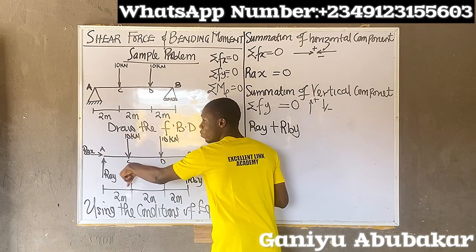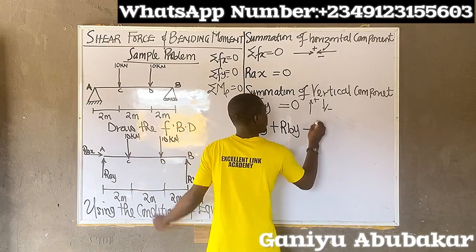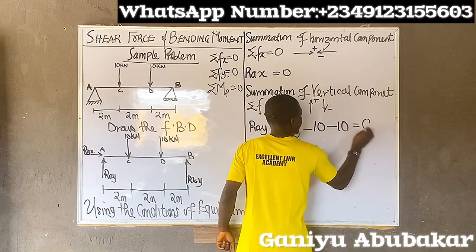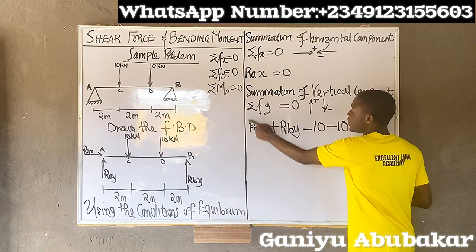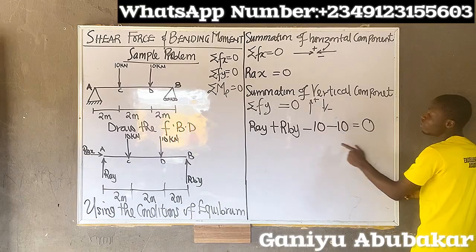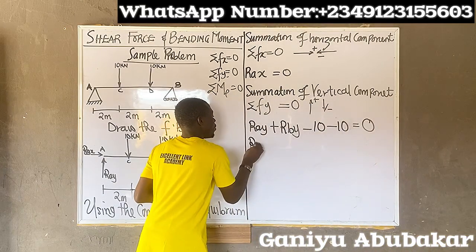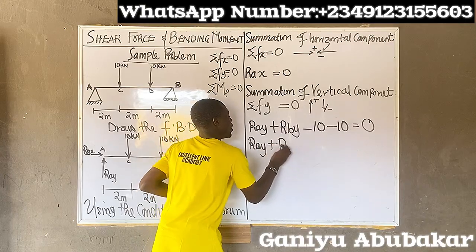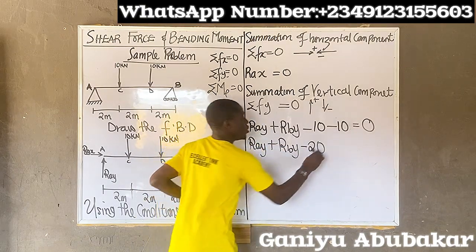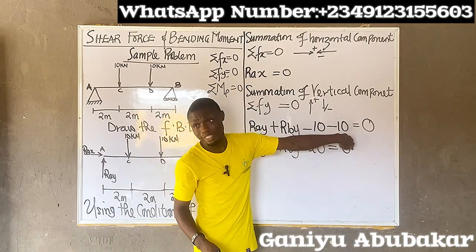Observe this one is going downwards and down is negative, gives you minus 10, minus 10 again, equal to 0. Now combine this together. I'll have RAY plus RBY minus 20 equal to 0. I'll take this 20 to the other side.